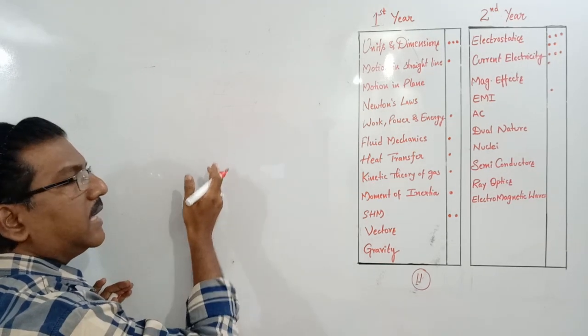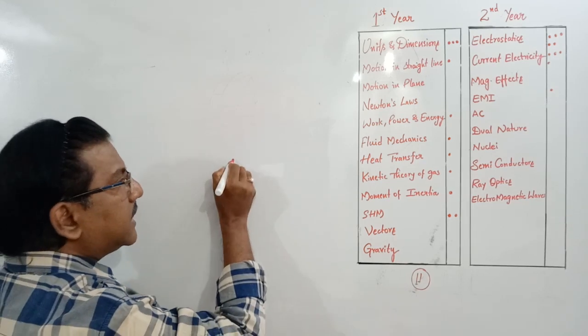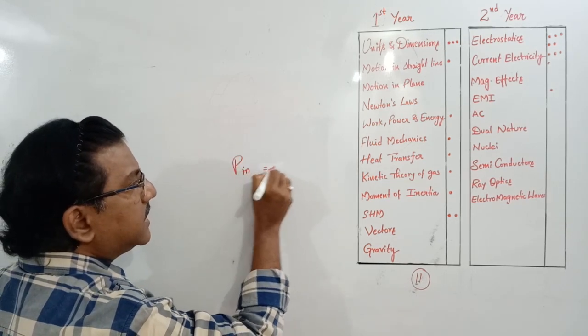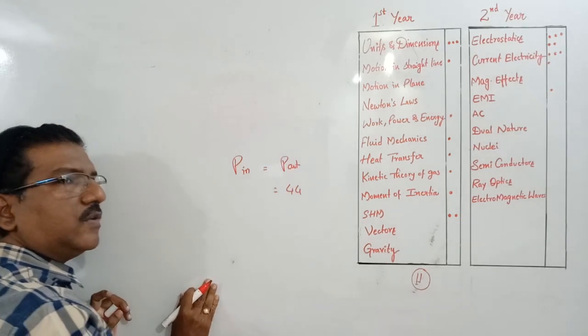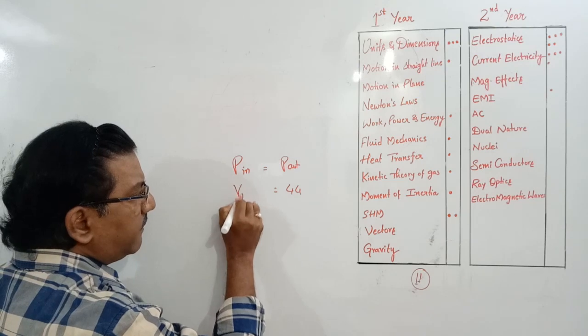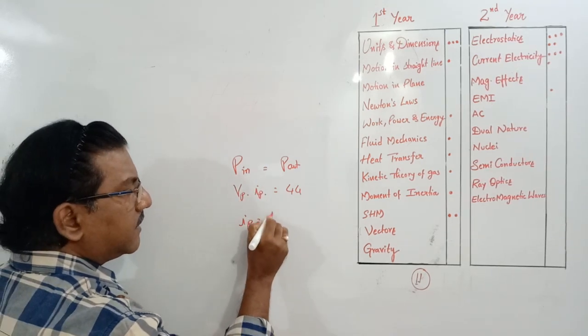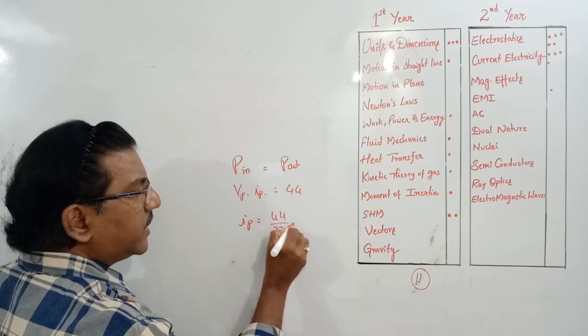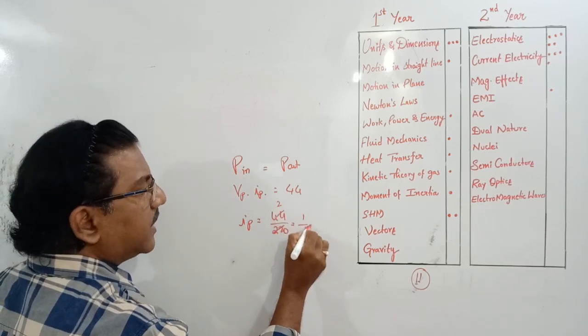Energy per second is power. That means power input is equal to power output. Power output is directly given, 44 watts. Power input should be Vp and Ip. What is Ip? 44 by 220, that is 1 by 5.